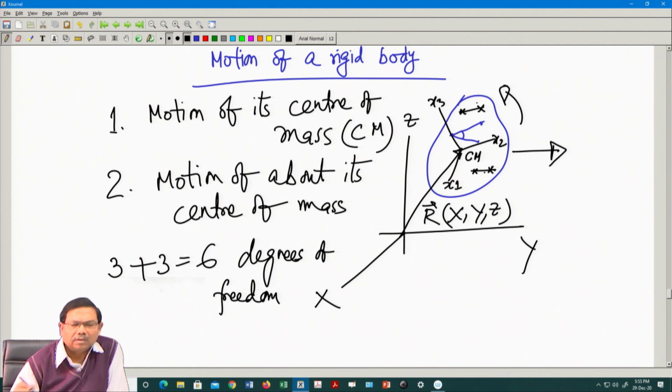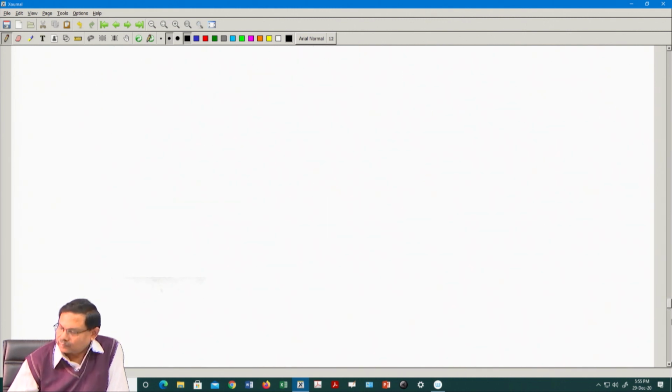So, their angle orientations also remain intact. Then we require only 6 degrees of freedom to describe its equation of motion. So, that is a great simplification.